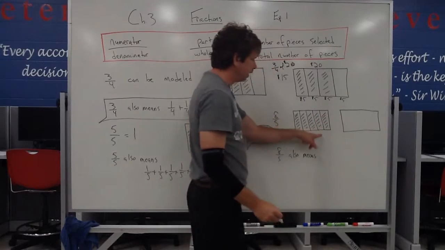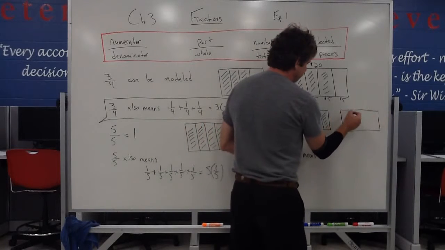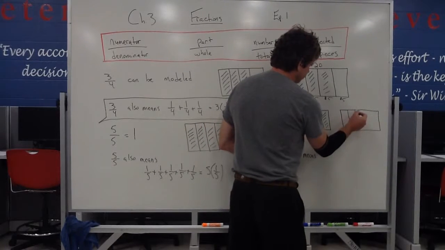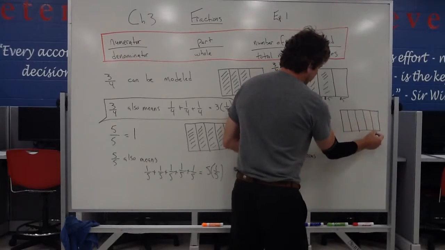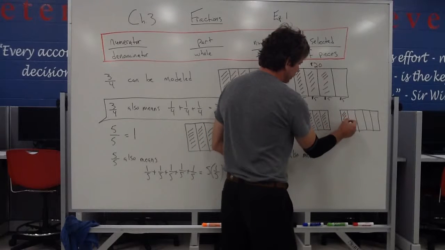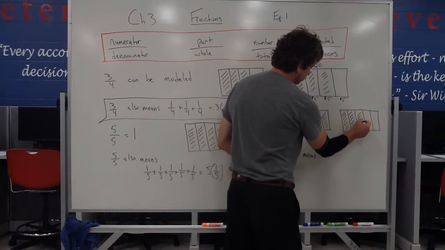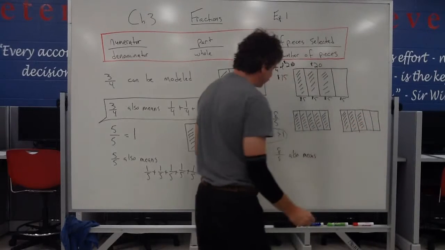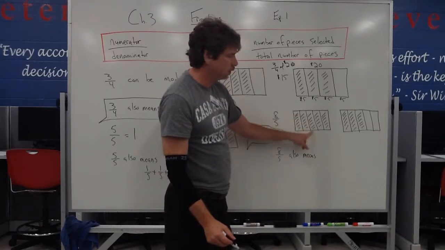So that only represents 5/5. To have 8/5, I've got to pull out another rectangle, cut it into 5 pieces. But this time, since I've already got 5 shaded, to get 8, I just need to shade 3 more. So that would represent 8/5, because each one of these smaller shapes is 1/5.